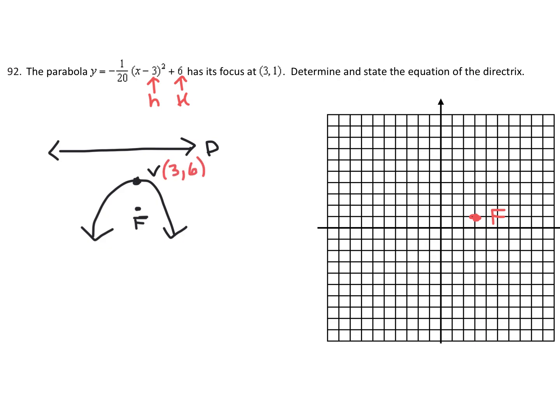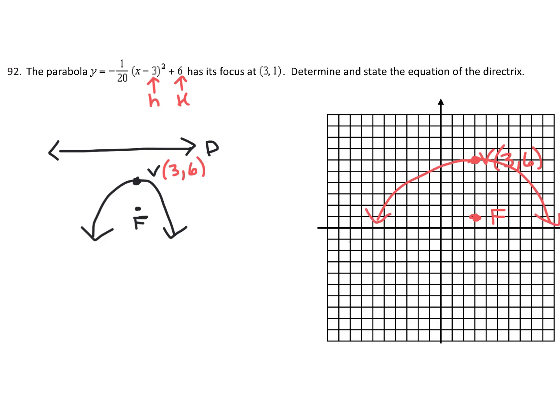I'm going to go do that on the graph. So I'm going to go over 3 and up to 6, and I'm going to put a point. Okay, so I'm putting a point right there at 3, 6. That's going to be our vertex. I'll put a V in front of that. All right, now, we know a parabola, right? This negative tells us our parabola opens down, so it's going to open this way.